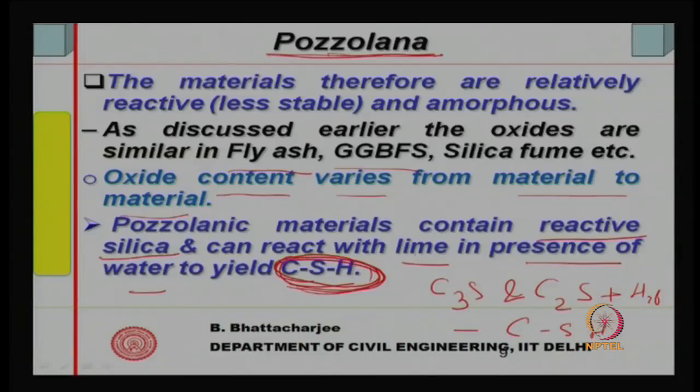But here the reactive silica and reactive lime you take, mix them together in presence of water, and they will react and produce the same sort of product, CSH. Okay. So, this reaction of lime with silica in presence of water is called pozzolanic reaction. So, the materials which exhibit pozzolanic reaction we call pozzolana. Most of the mineral admixtures which you use in concrete are basically pozzolanic in nature.